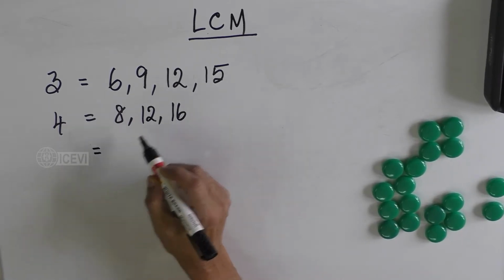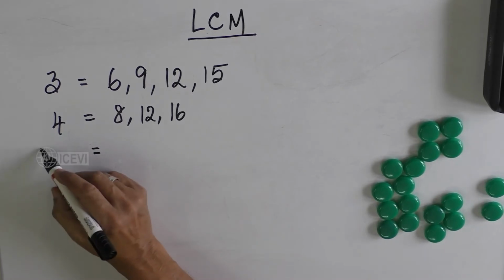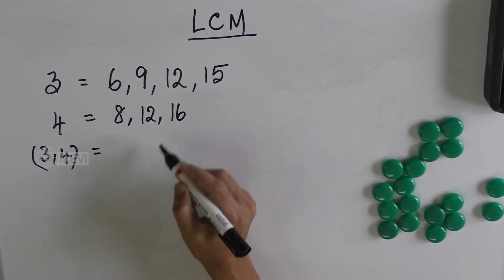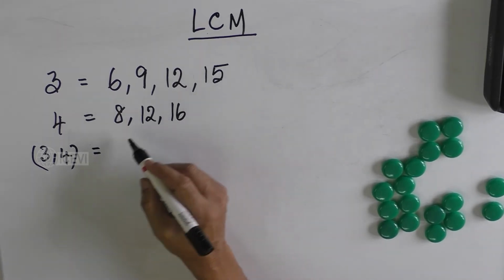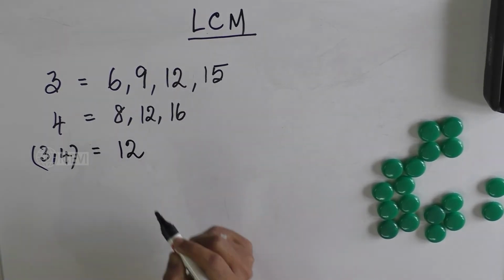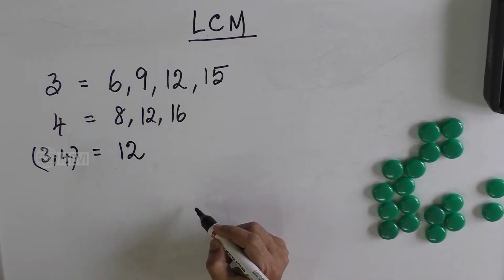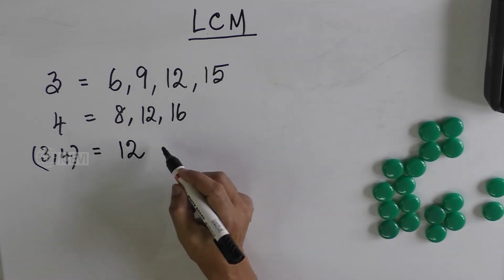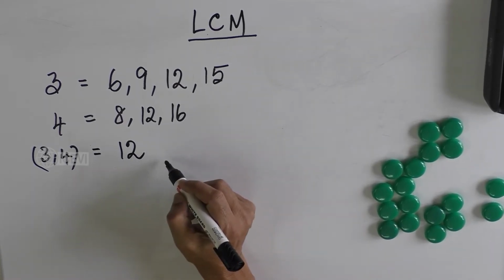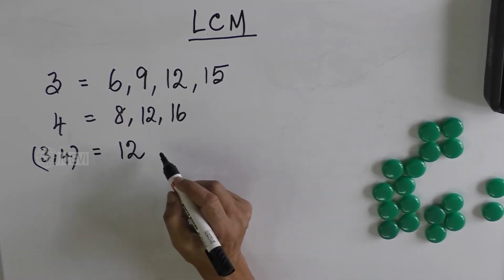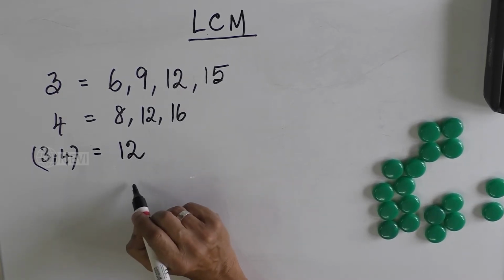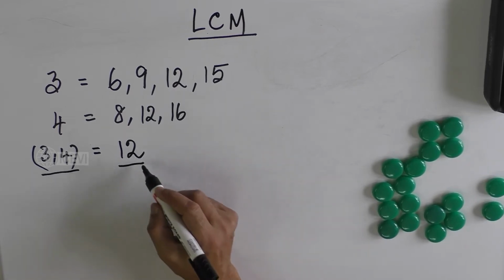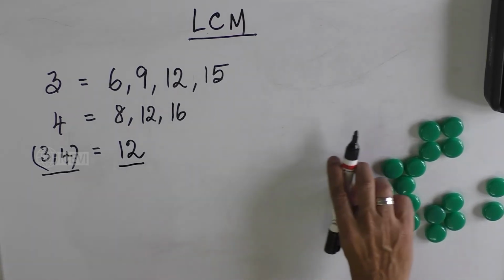The common multiples in this case of 3 and 4, well, there is only one common multiple, that is 12. So if there are more common multiples, then you have to take the least among the common multiples. That will be called the least common multiple. In this case, for the numbers 3 and 4, the least common multiple is 12.